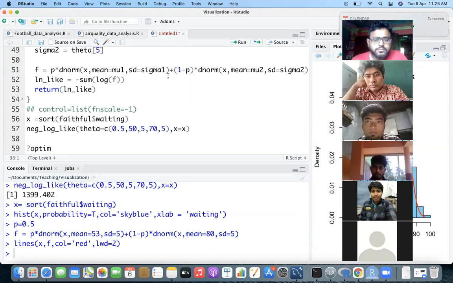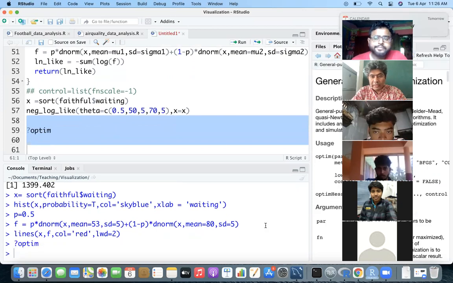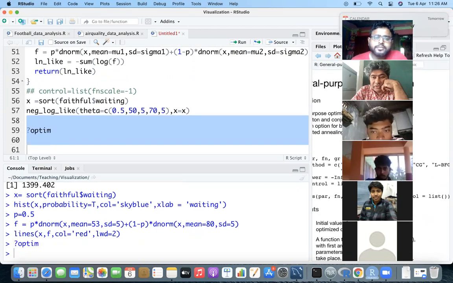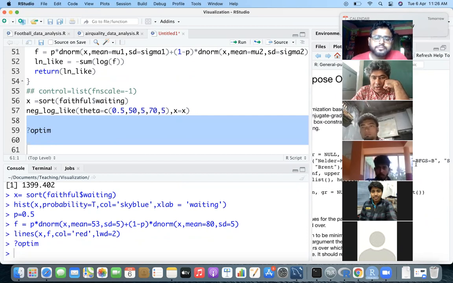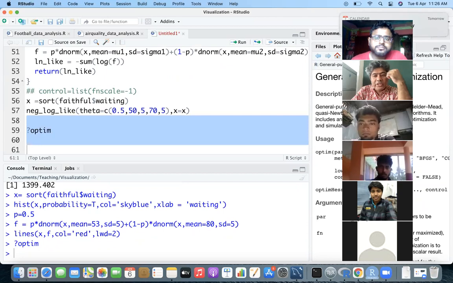So this optim function will return the global maximum, correct? It will not return local. No, not necessarily. What algorithm does the optim function use by default? So there are a bunch of algorithms it handles: Nelder-Mead, BFGS, CG, which stands for conjugate gradient, and so on. The default is Nelder-Mead.